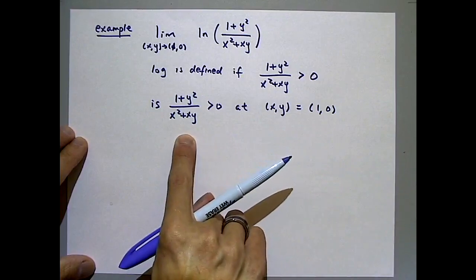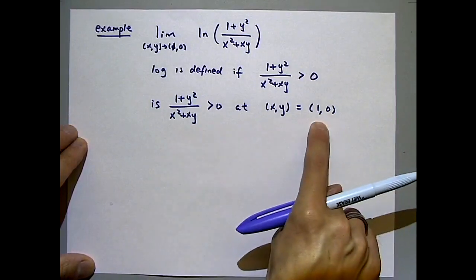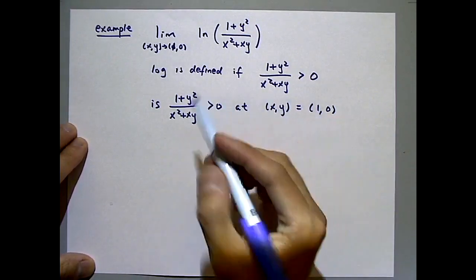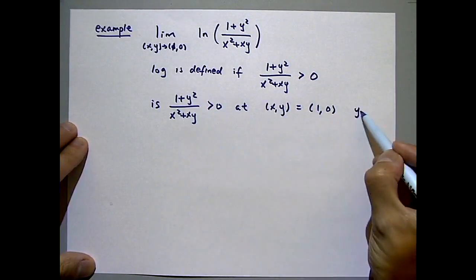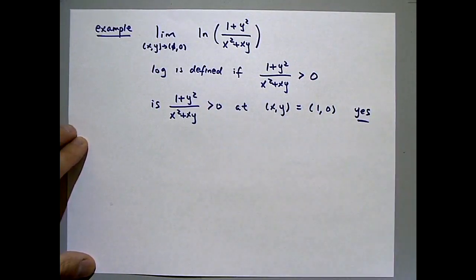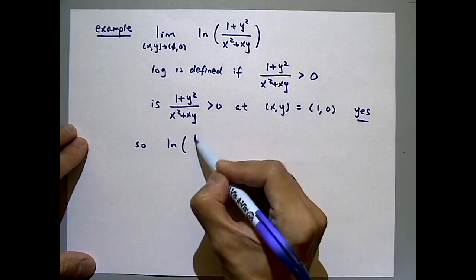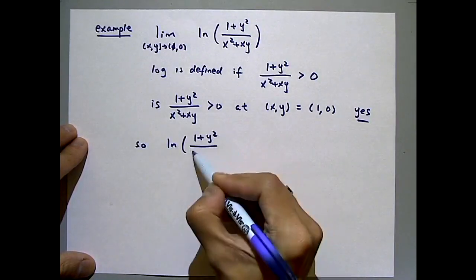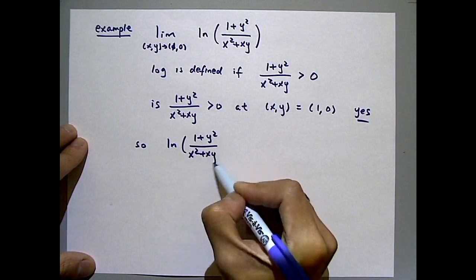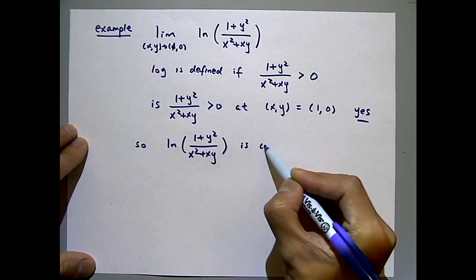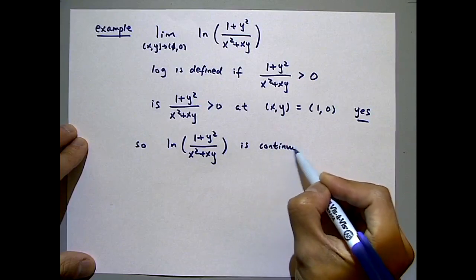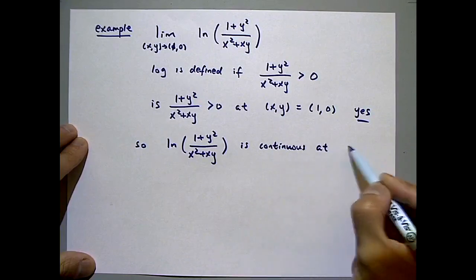And this is pretty easy to see, right? If I put a 1 for x and 0 for y, yes. So therefore, natural log of 1 plus y squared over x squared plus xy is continuous at the point 1, 0.